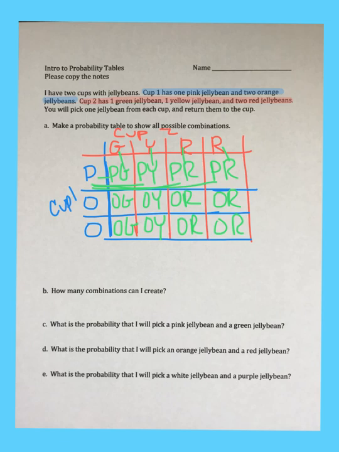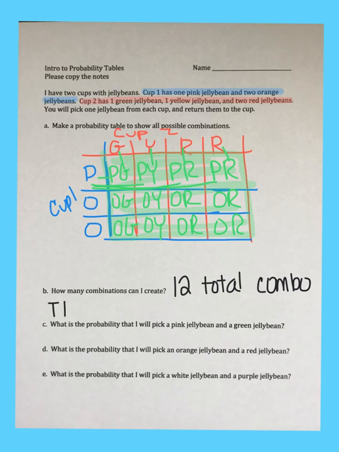When I look for my combinations, how many combinations can I create? My combinations are here in the green section. So when I look at the center of the table, I can create 12 total combinations. And where I look for that is the middle of the chart or of the table.